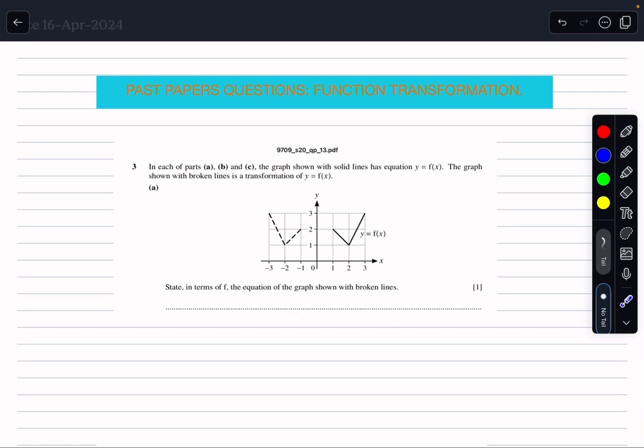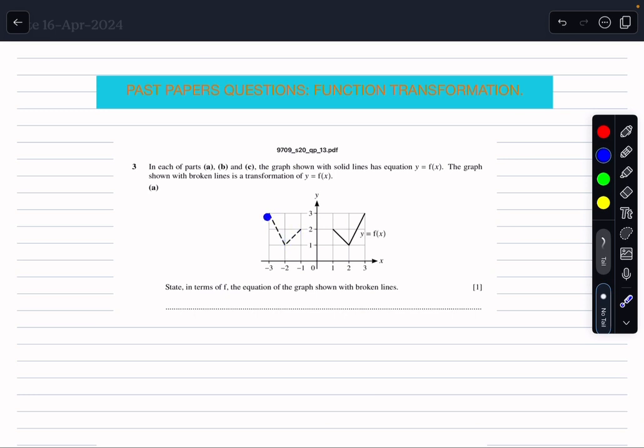If we analyze the graph, what we see here is that this graph has been just reflected in the y-axis. I can just count the units from the y-axis. It's 1 unit on the right side, and on the left, again, it's 1 unit. 2 units on the right, so 2 units on the left. 3 units on the right, so 3 units on the left.